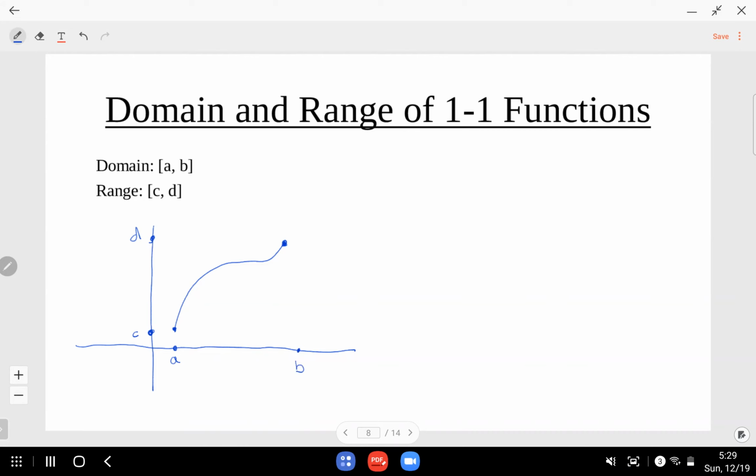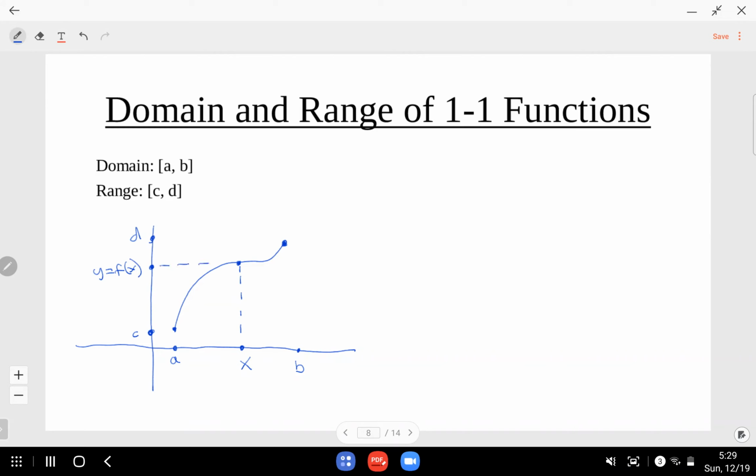Since every x corresponds to only one y, if there's an x in A to B right here, then there's going to be a y here. Every y only has one x corresponding to it.